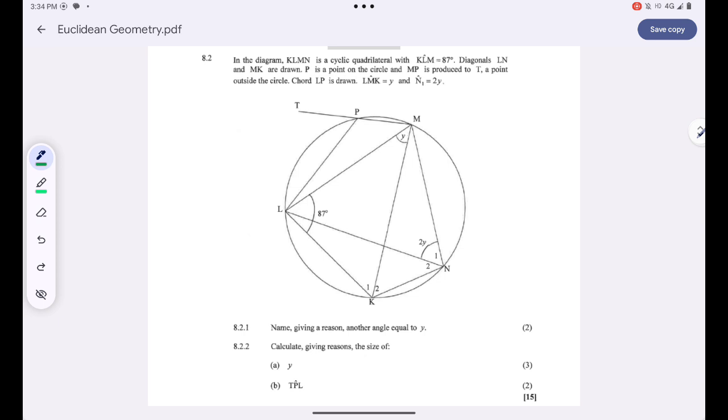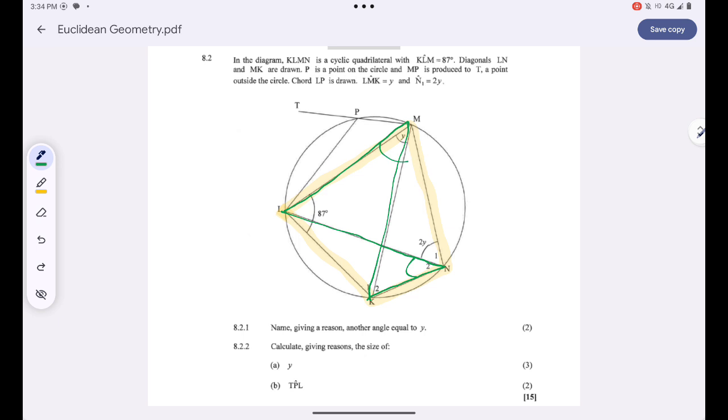Remember that, guys, the first statement they told us is that this is a cyclic quad. Let me indicate using a highlighter. This is a cyclic quad over there. Are you together? So since this is a cyclic quad, I can therefore conclude that this angle over here is equal to that angle over there.